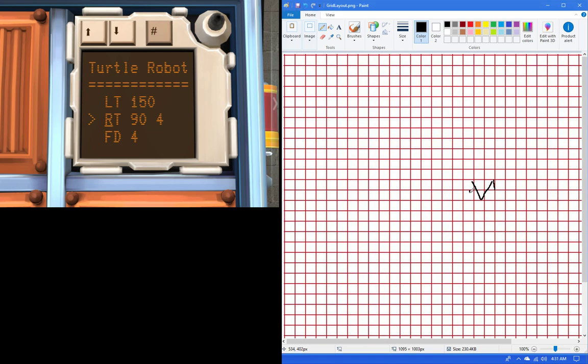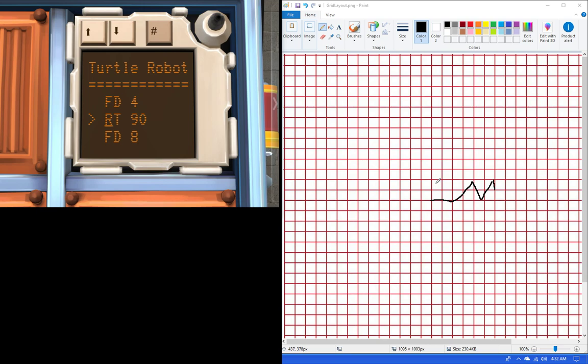I'm facing down here, I need to rotate clockwise. This would move me from here, with a radius of 2, so it'll end right here, like this. Then I have to go forward 4, or 2 in this case, in this direction.